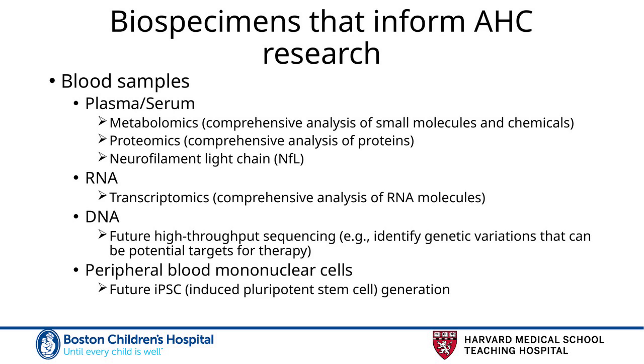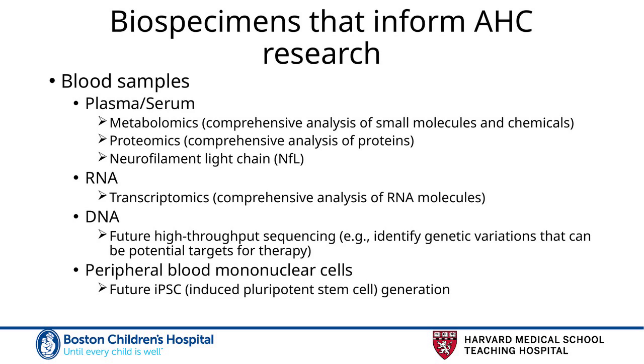So to this end, we'd like to collect plasma, serum, RNA, DNA, and in some cases, cells called peripheral blood mononuclear cells, which allow us to create induced pluripotent stem cells, which in turn we can turn into neurons, as Dr. Al George earlier mentioned.